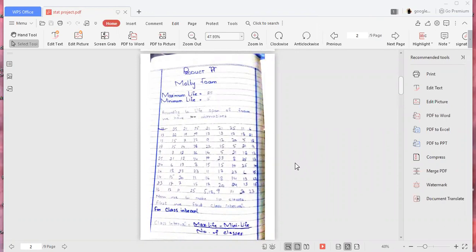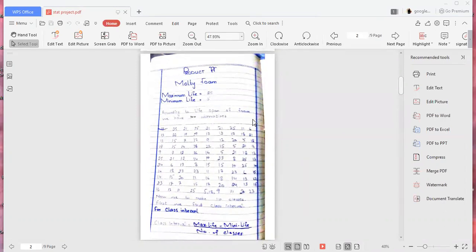I am going to present product A, which is Multiform. As it was our requirement that we take almost 100 observations, which I have taken. The maximum life of product A, Multiform, is 25, and the minimum life is 5.